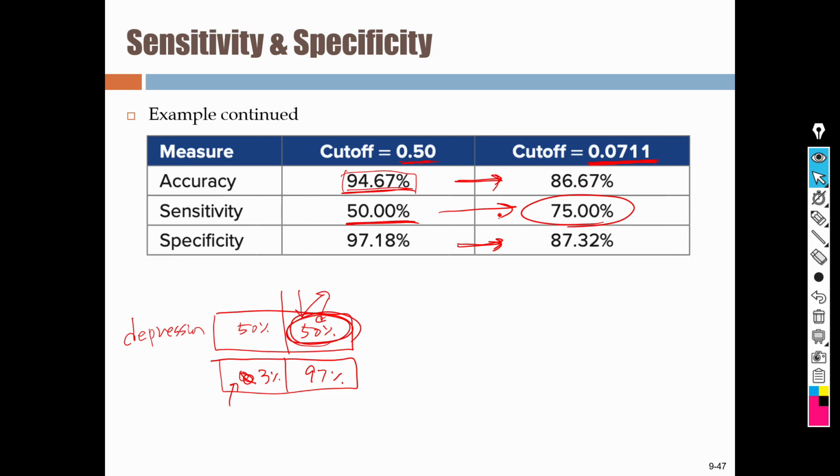You don't have to always use 0.5. Right? So obviously this misclassification is fine. We don't lose a lot, but this misclassification can be a serious problem. This is the no depression. This is the depression and no depression. Prediction. This is actual. Right?